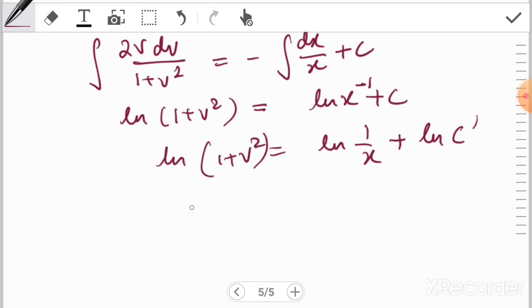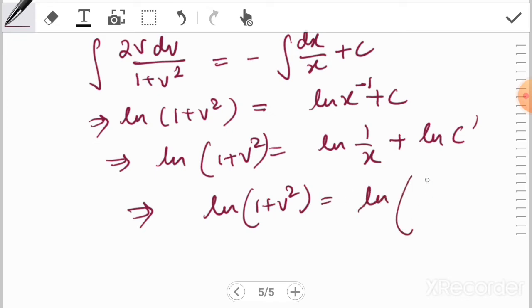Now we can take log of 1 plus v square is equal to log c dash by x. Now taking anti-log on both sides, we have 1 plus v square is equal to c dash by x.